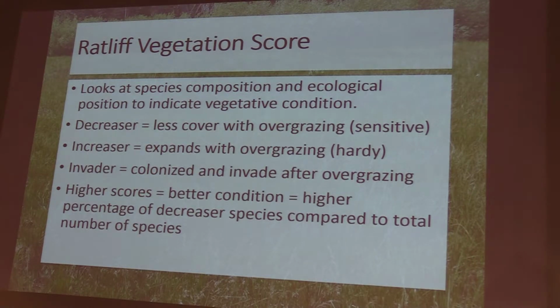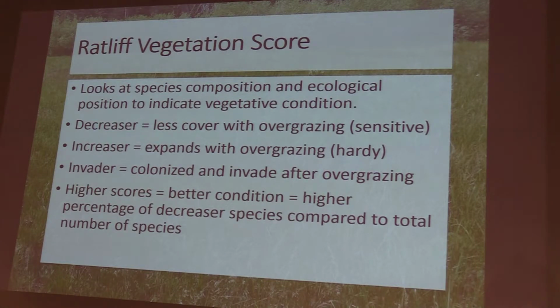So the decreasers are plant species that will decrease in cover under a regime of overgrazing. So they're sensitive species. The increasers are ones that expand with overgrazing, so these are hardy and much less sensitive.